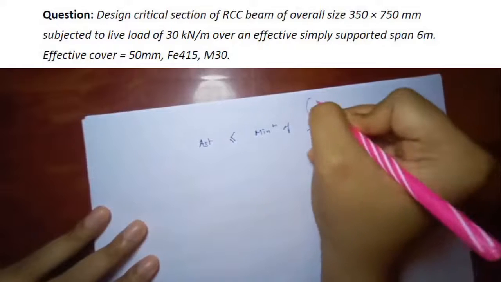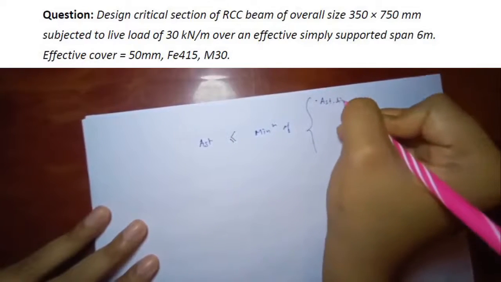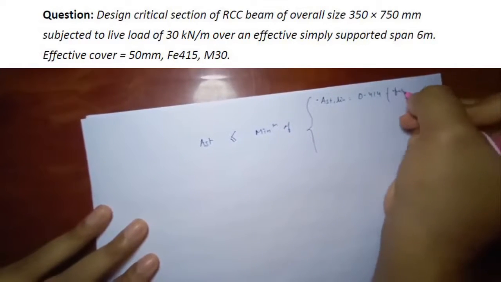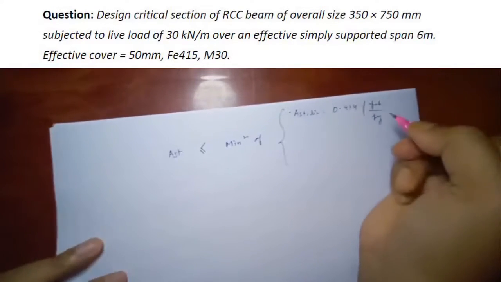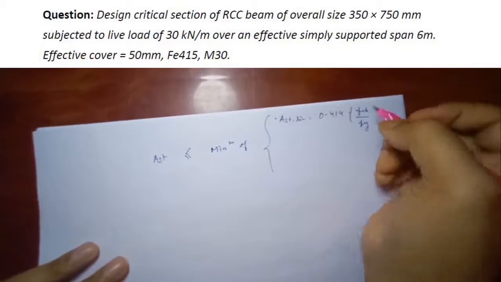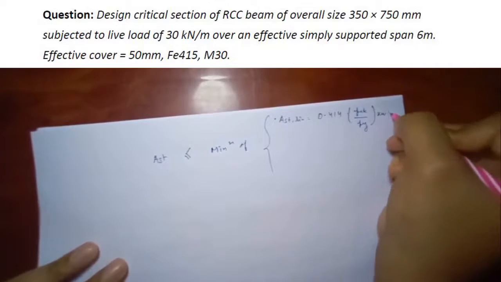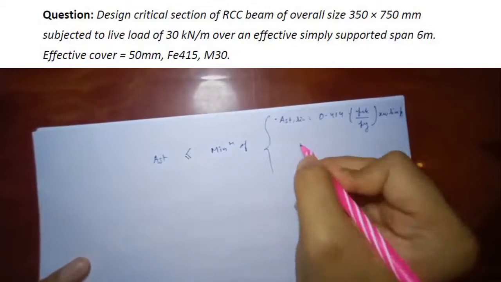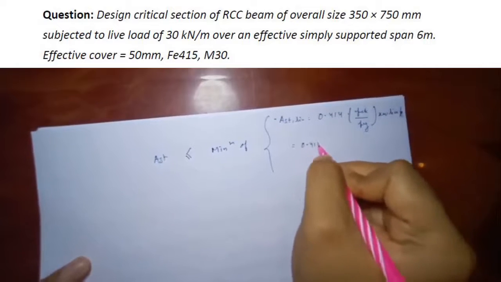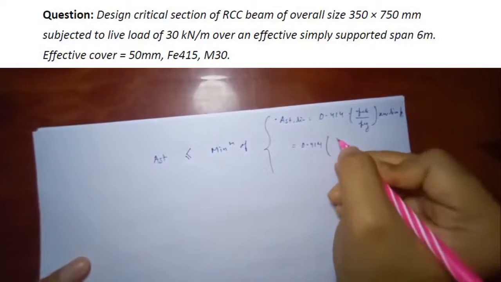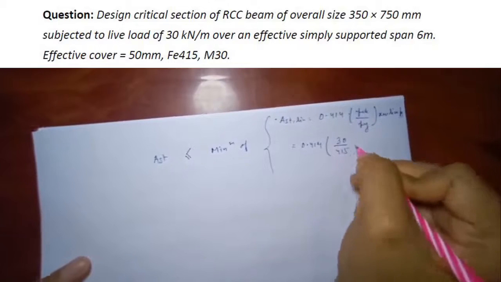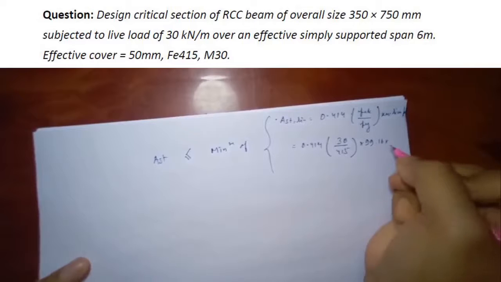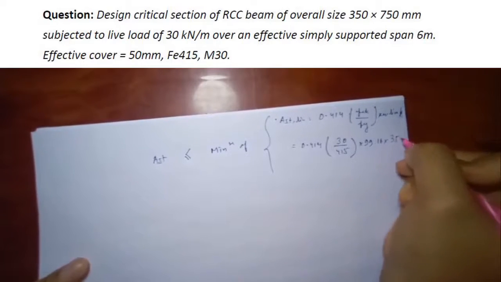First is the AST limit, which is given by 0.414 FCK by Fy multiplied by XU limit B, and it is 0.414 multiplied by 30 by 415, XU limit is 99.16 multiplied by 350.